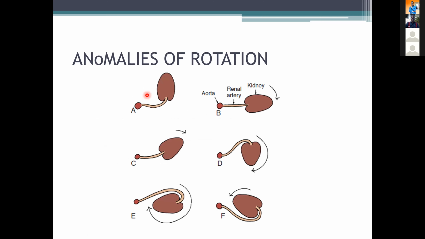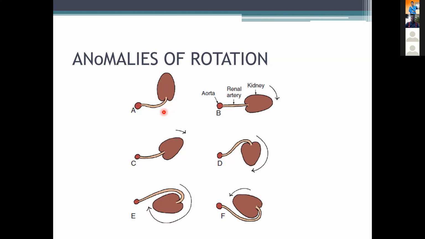And consider this side to be anterior. In other words, this pelvis is facing anterior, or you can say ventral. And this is the initial orientation of the kidney.